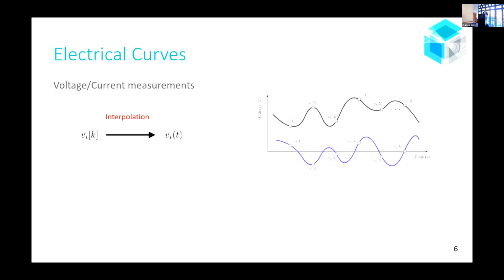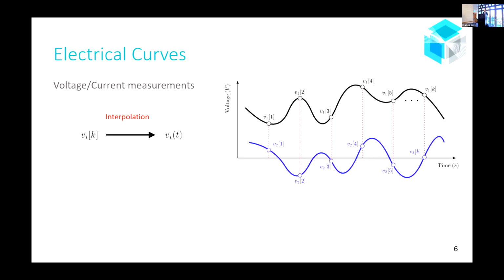And in this figure, we show the representation of two arbitrary voltages, v1 and v2, starting from the samples v1, v2, v3. So we can interpolate these samples and build a continuous curve based on some arbitrary interpolation method.